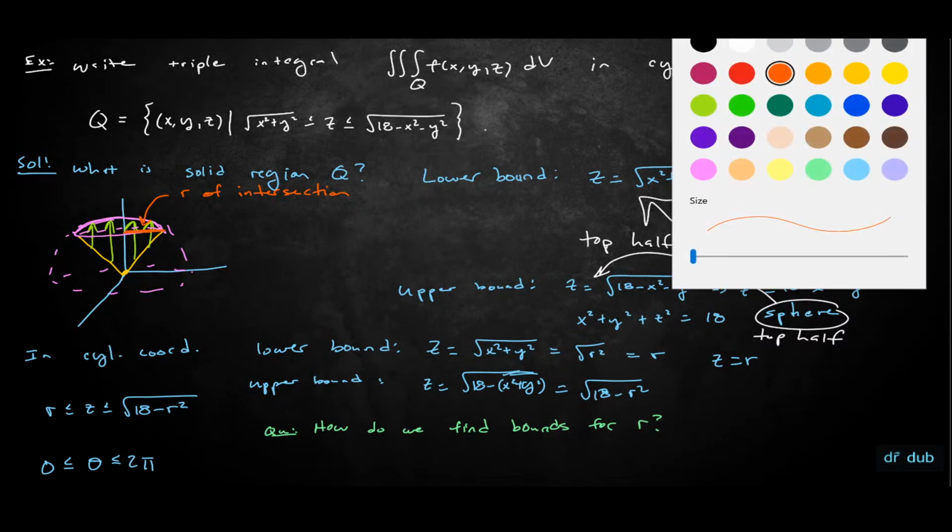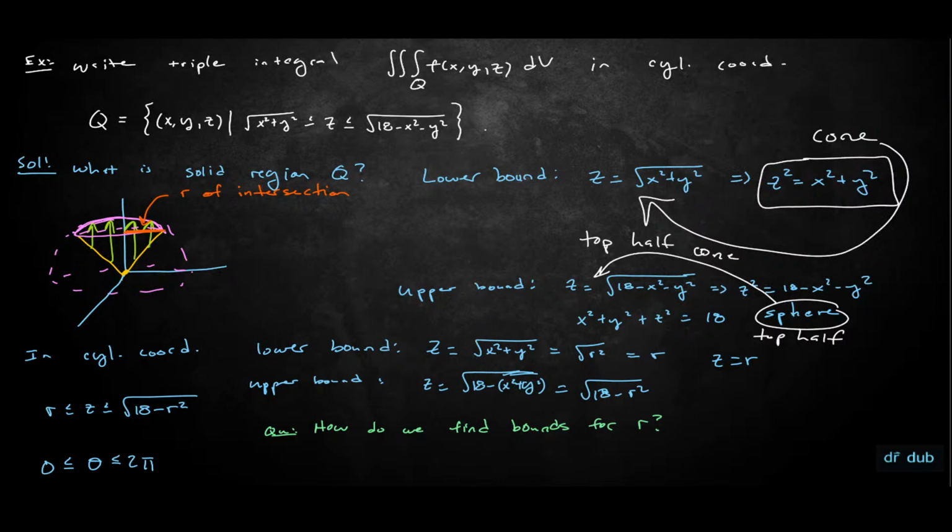So how do we find where they intersect? Well, we set the two surfaces equal to each other. So the answer is find the intersection. So they intersect when r is equal to square root of 18 minus r squared.